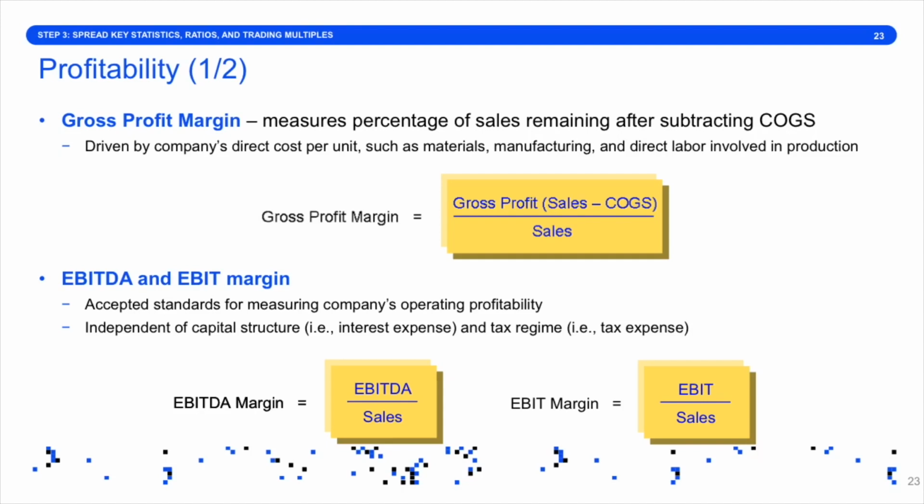Okay, so profitability, some of the terminology is gross margin, that is gross profit divided by sales, EBITDA to sales, EBIT to sales. These are not valuation multiples because there is no firm value there. There is no equity value or enterprise value. It's just a measure of profitability that you can use to see if the companies are really comparable. Measure, for example, in this way.